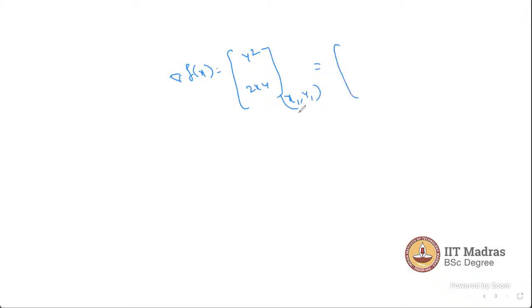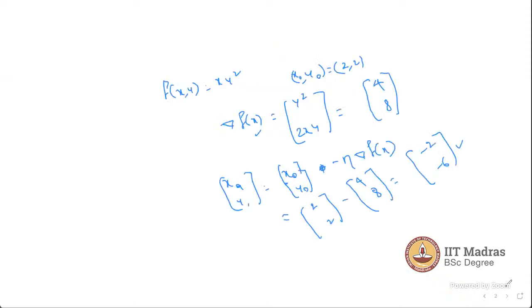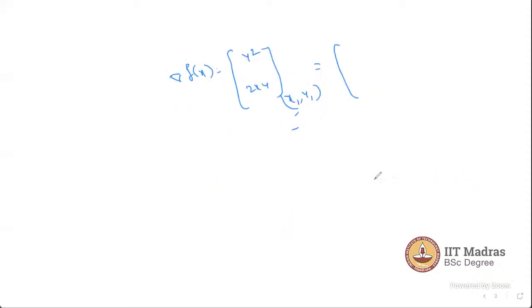So x1 is minus 2 comma minus 6. If you substitute here, we get y square as 36 and 2xy as 24. We'll get del f of x as 36 comma 24.